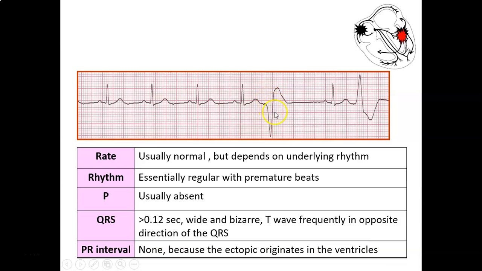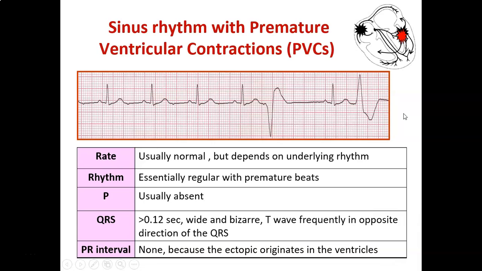So these are your premature ventricular complexes, and the PR interval in the first 4 complexes is obviously normal and the 6th also normal, but the 5th and 7th is not available. So this is your sinus rhythm, the first 4 complexes, with premature ventricular complexes at the 5th and 7th complex.